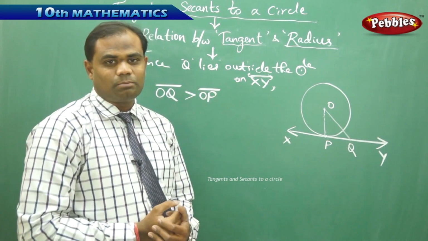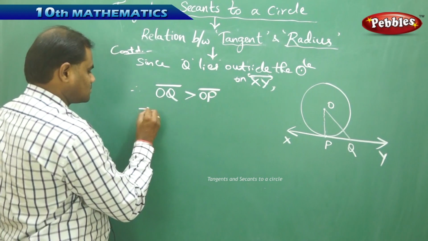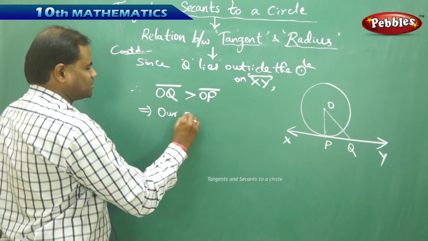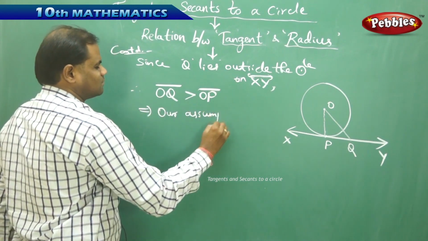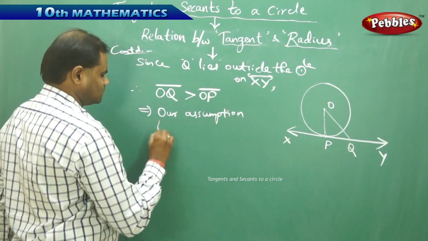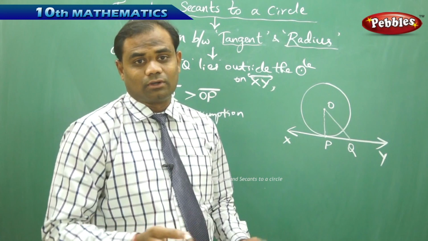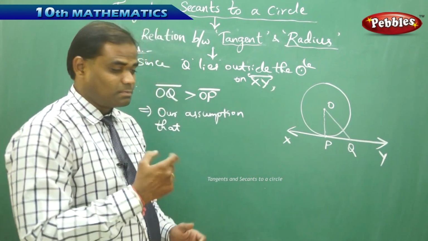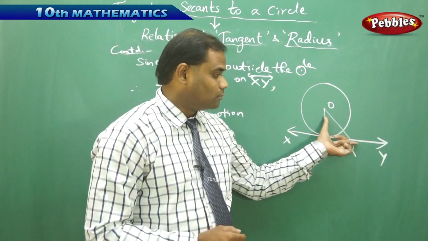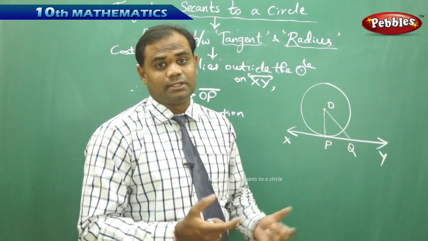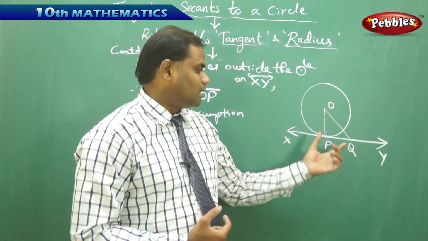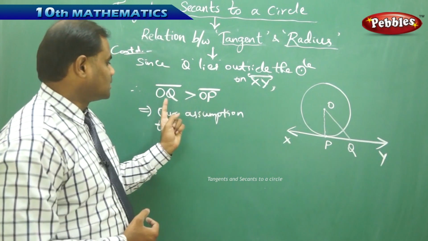But this is not possible, because that means our assumption that OQ is perpendicular to XY is wrong. If OQ is perpendicular to XY, then OQ must be the shortest distance. But here I have one more shorter distance other than this.